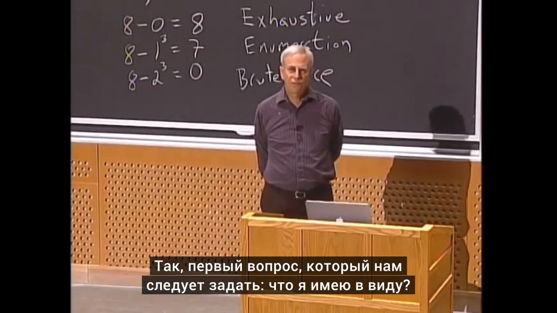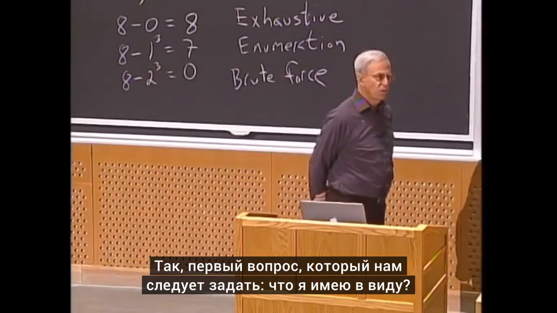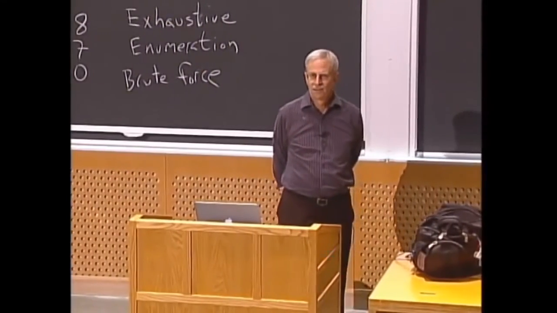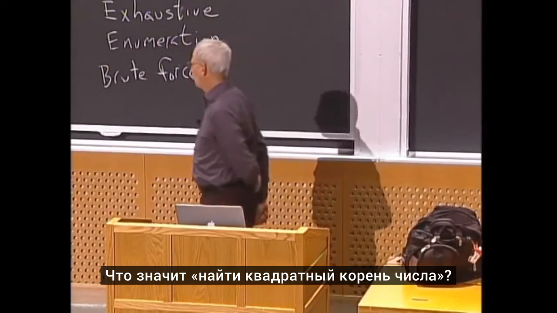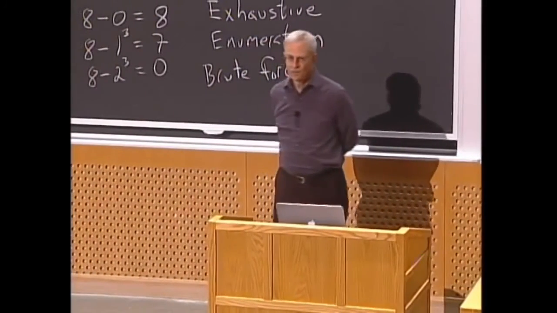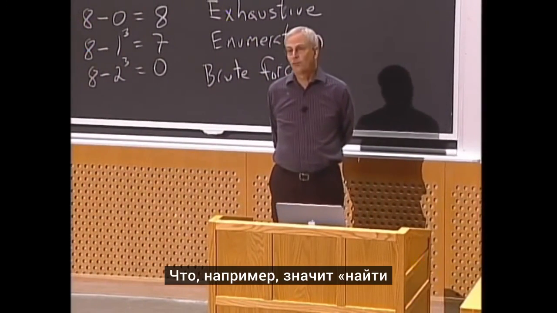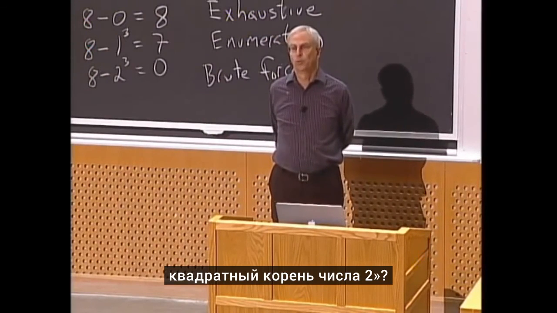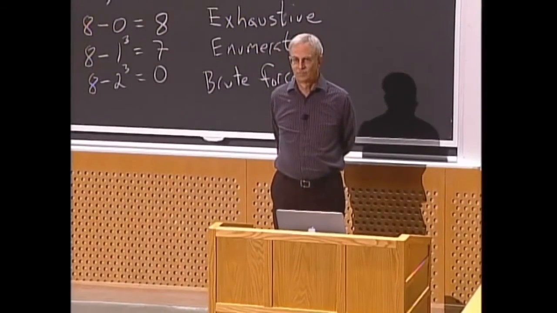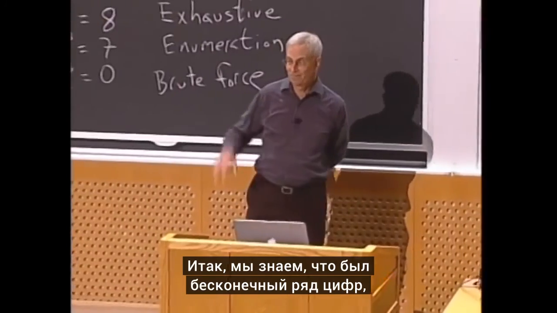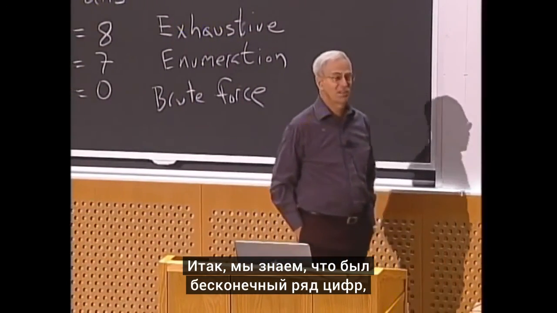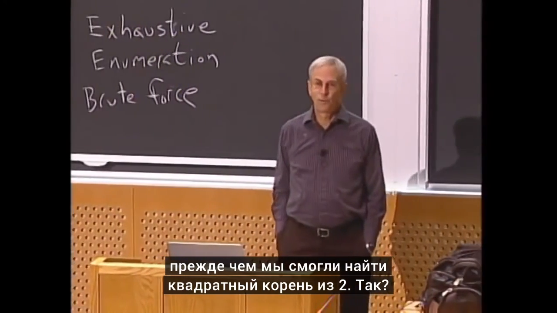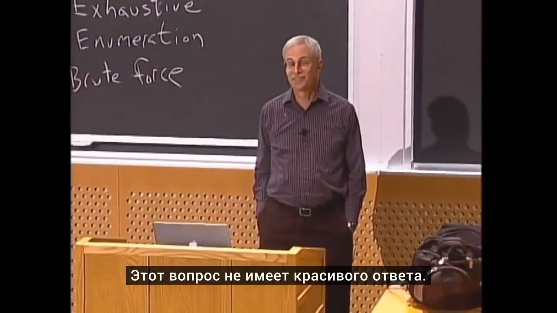Well, the first question we need to ask is, what do I mean? And that's kind of a subtle question. What does it mean to find the square root of a number? What does it mean, for example, to find the square root of 2? Well, we know that it's an endless series of digits, right? It does not have a nice answer.